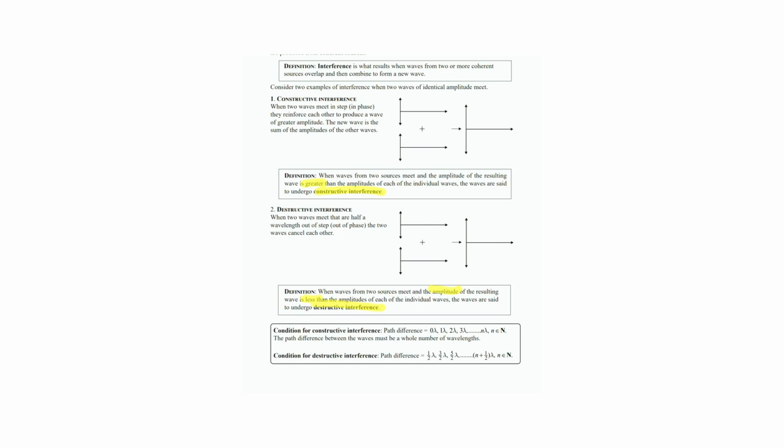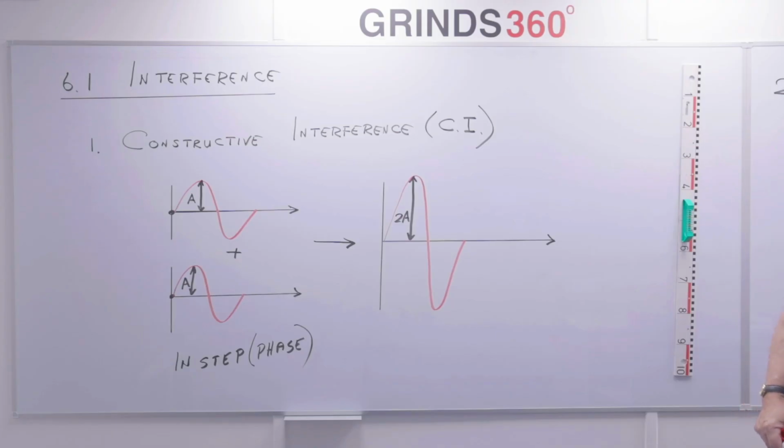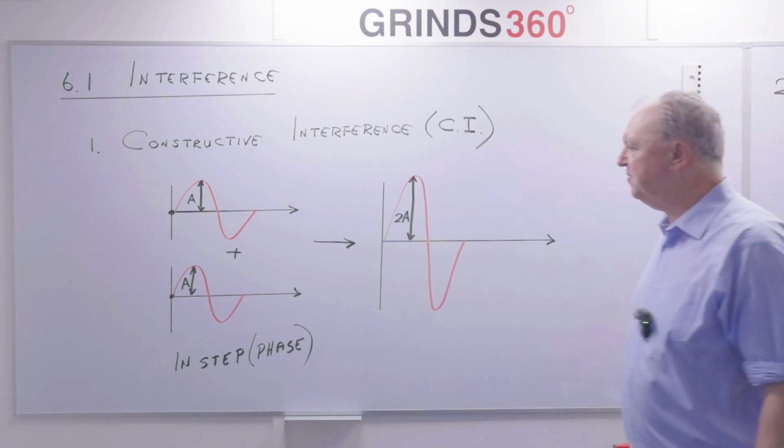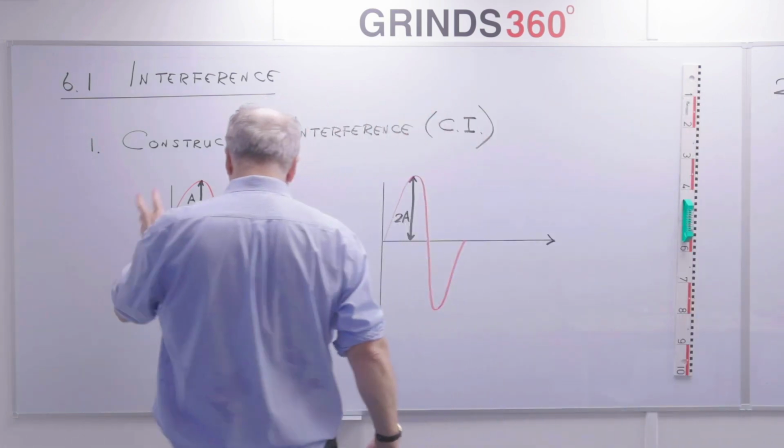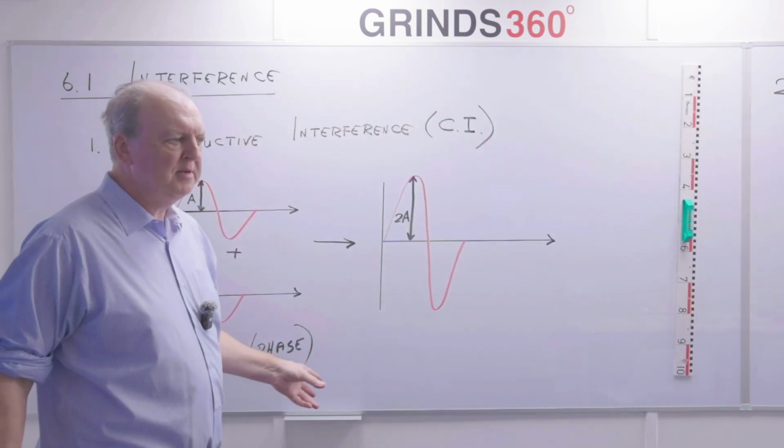Now, I need to know the condition for constructive interference and the condition for destructive interference, or DI. So what's my condition for CI? Well, the waves have to be in step.